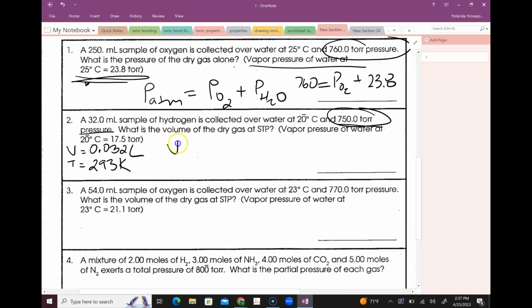We're looking for the volume at STP, which is temperature 273 and pressure 1 atm, right? And so we're going to find the pressure of the gas, which is just 750 minus 17.5, and then you can divide this by 760 to find atm, so that we have the combined gas law that we're using.